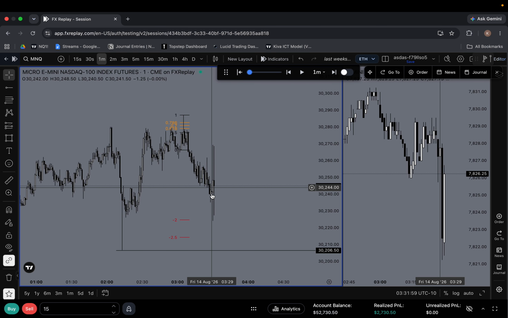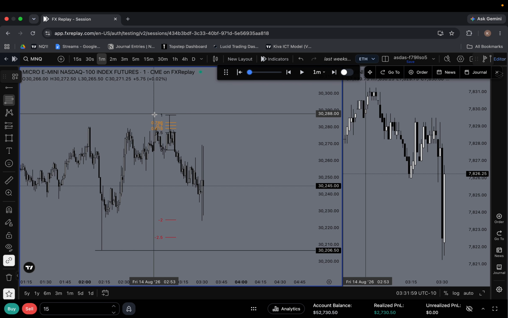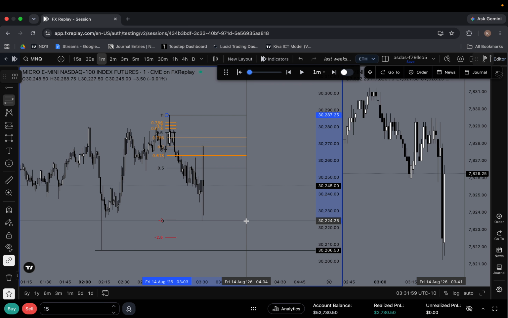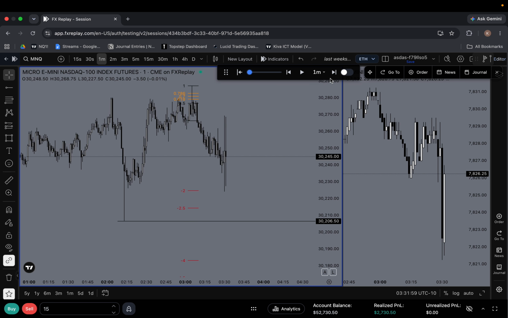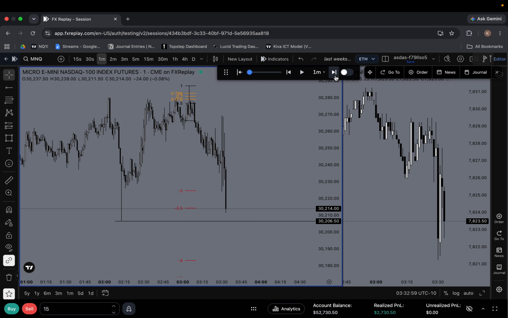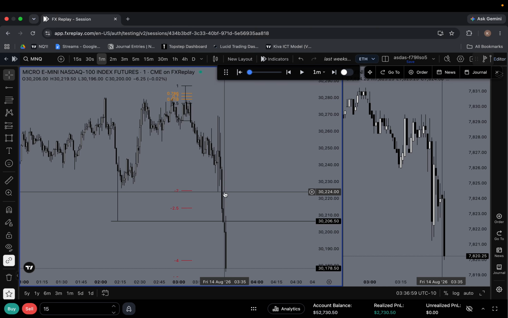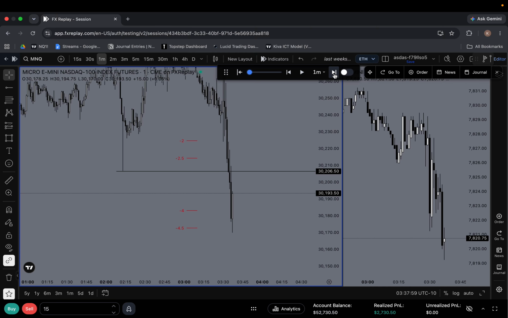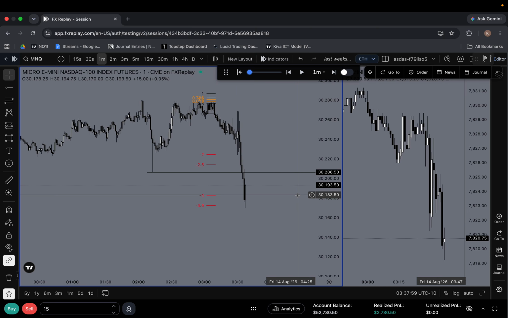What do we do? We rebalance from this -2, right? Rebalance the range. OTE, unmitigated gaps get met. -4 gets met. Displacement off of that -4.